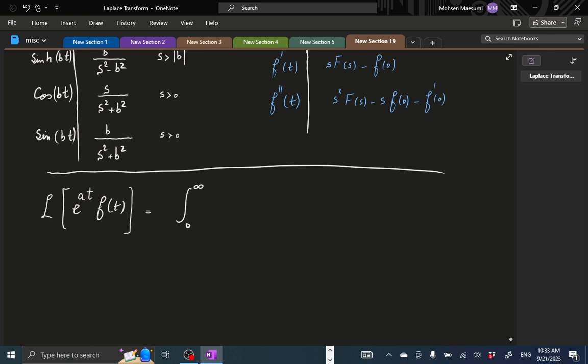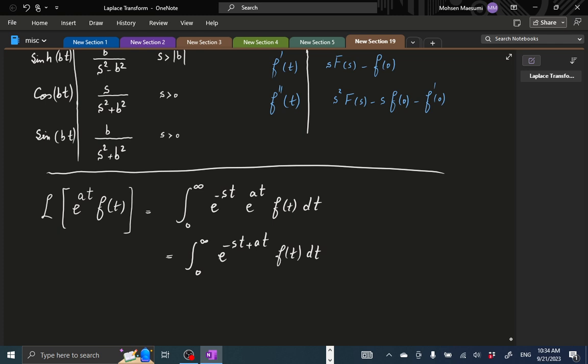This is the integral from 0 to infinity of the kernel, which is always exponential of minus st, times whatever function you have here, which is exponential of at times f of t dt. I combine the two exponentials, I get exponential of minus st plus at, times f of t dt.